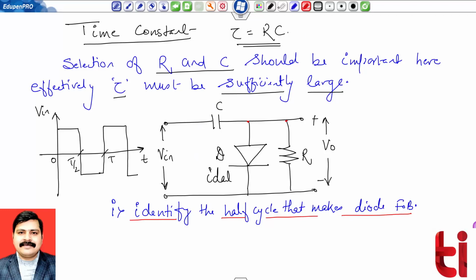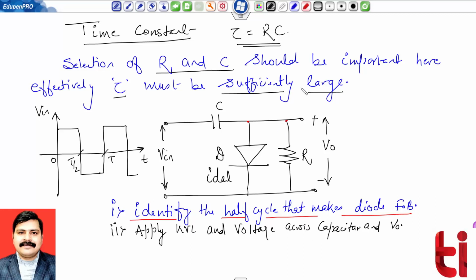Now, the next step is to apply KVL and find the voltage across the capacitor and the output voltage V0. So do these two things: apply KVL, find the maximum charge voltage across the capacitor, and in the same way find V0.